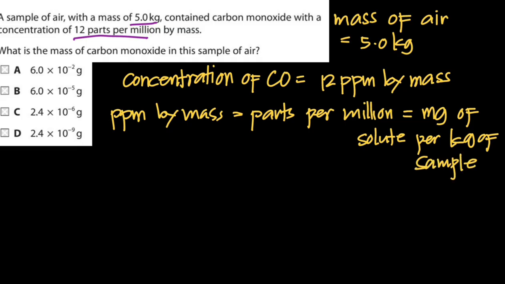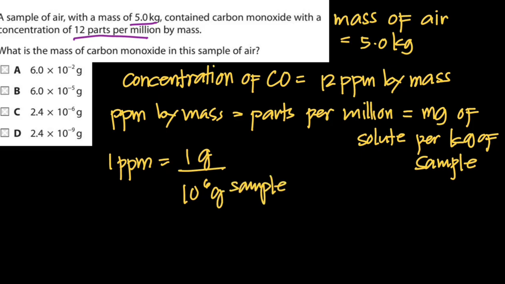Or this is just equivalent to 1 gram per 10 to the 6 gram of sample. So 1 ppm is just equal to 1 gram per 10 to the 6 gram of sample. Let's convert 5 kilograms to grams first. So we multiply that by 1,000. So the given mass of air is 5,000 grams.